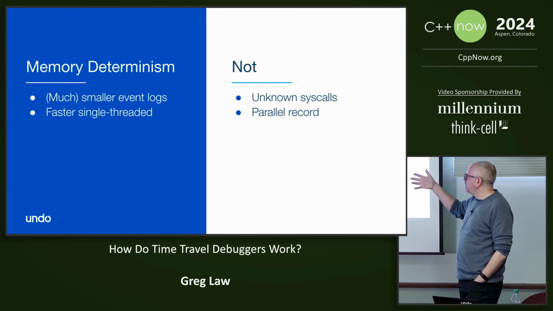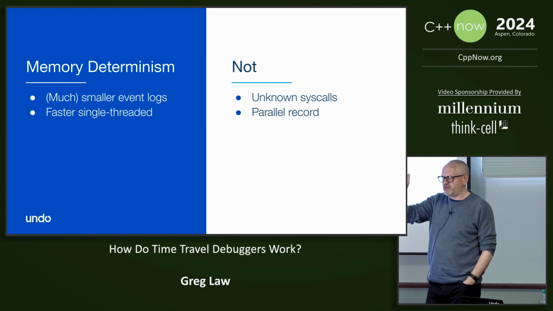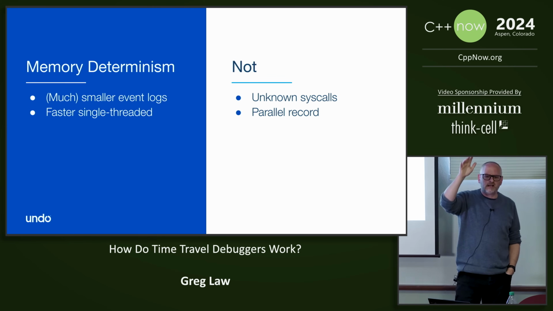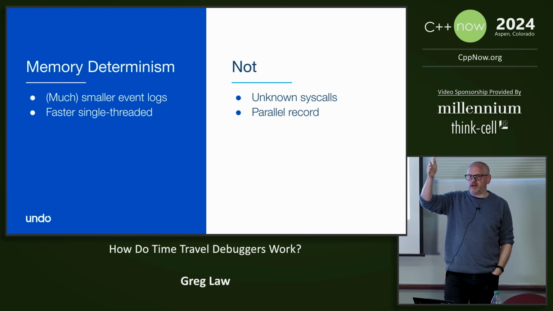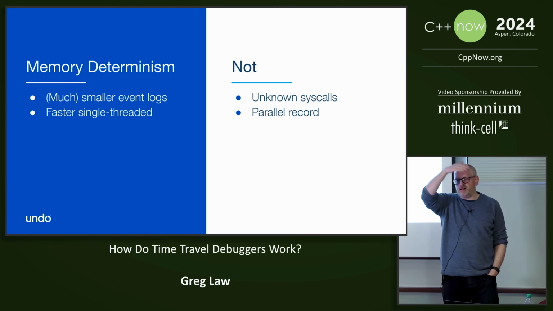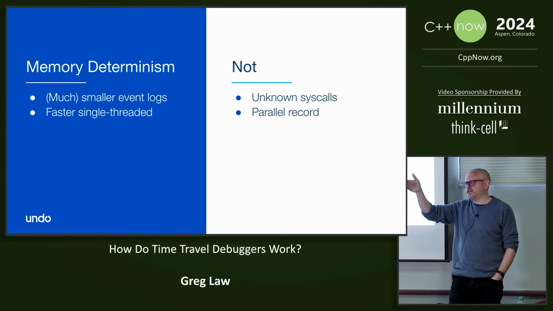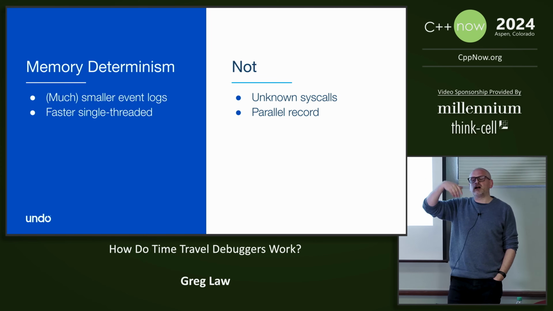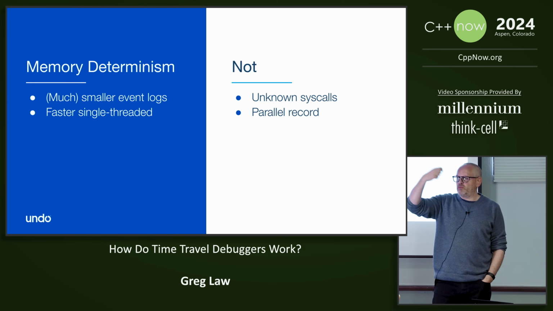Let's do the TTD version, and James will correct me if I'm wrong, but my understanding is that for every memory read, you stash the value away, and then the next time you read from that location, you check: did it change since last time? If it changed since last time, then I need to create some sort of event. Of course, most of the time it won't have changed, because most of the time you're reading what you just wrote to the stack.